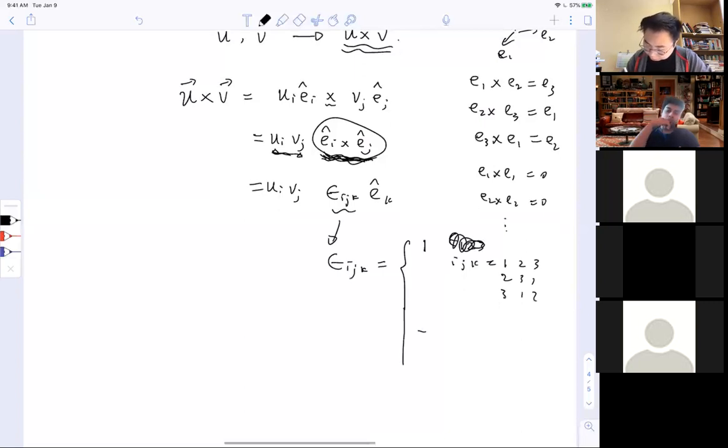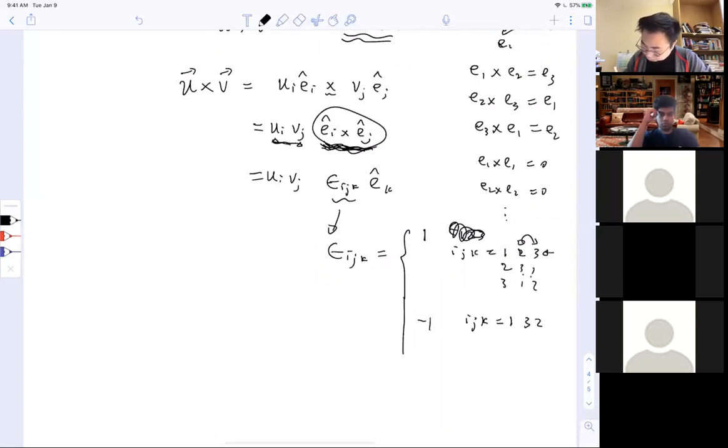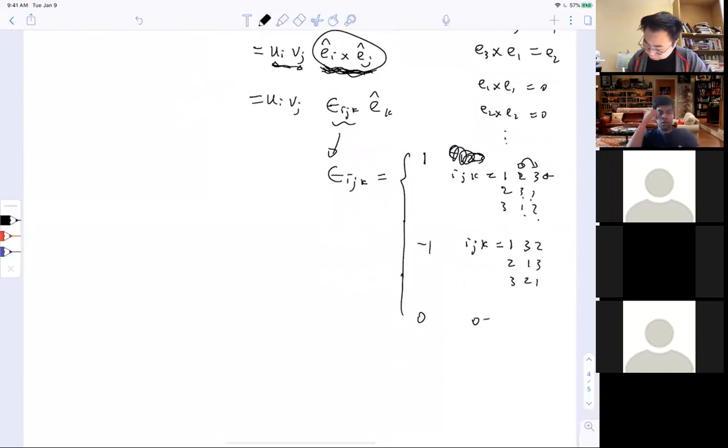And you get -1 if you permute an odd number of times: if you exchange two indices, you get 1, 3, 2, and exchange these two, 2, 1, 3, and this is 3, 2, 1. You get -1. And otherwise, you get 0. Otherwise means at least two indices are the same.